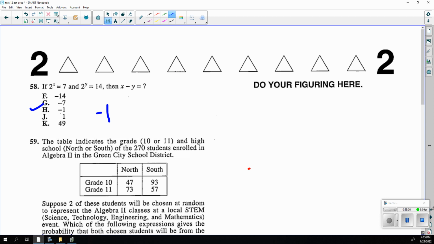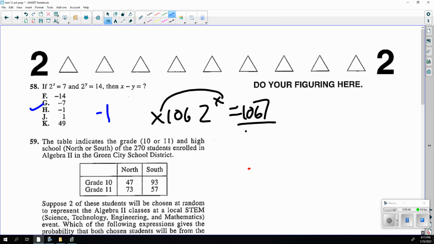There'd be a log way to do that. You could have done 2 to the x is 7. You could have logged both sides. X then comes down in front, and x equals log 7 over log 2. And then y would be the same thing.